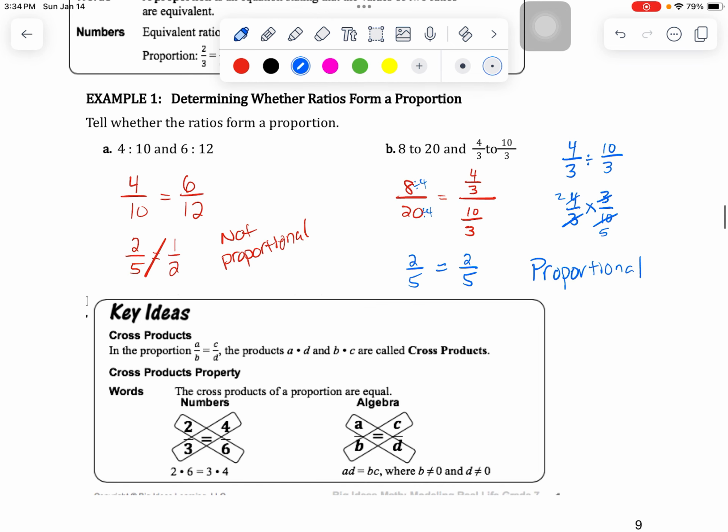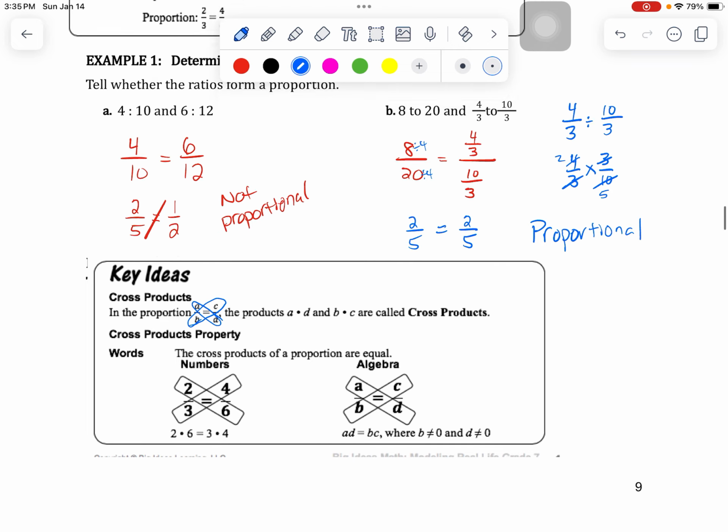Another way that you can determine whether something is proportional is to look at the cross products. So if you look here, the cross products means you would be multiplying on the diagonal. So you would multiply A times D and B times C. And if those values are equivalent, then it is proportional. And if they're not equivalent, then it would not be proportional.